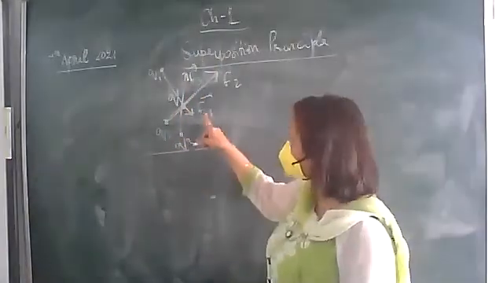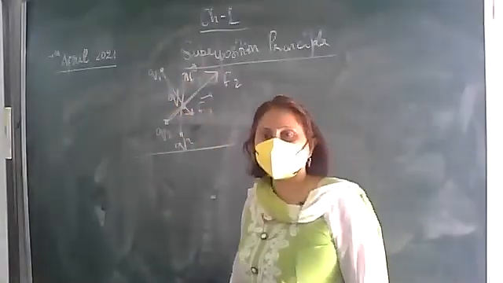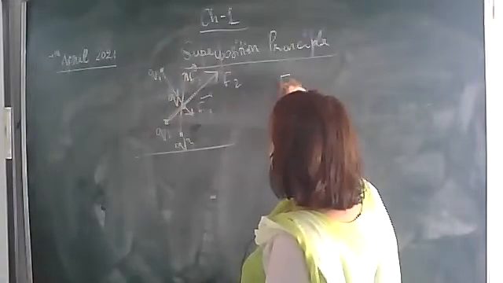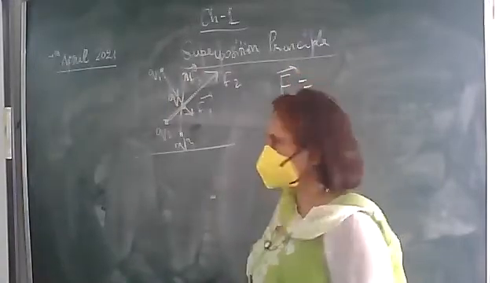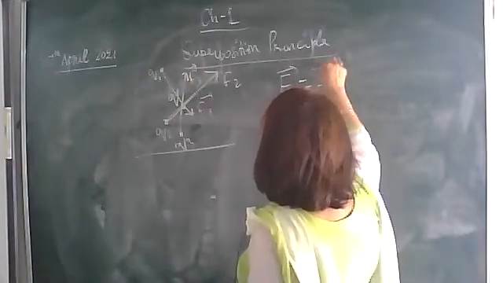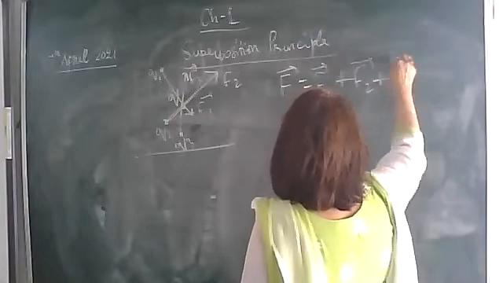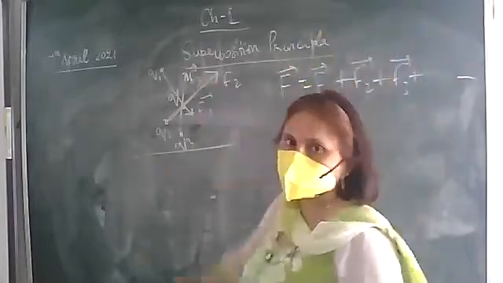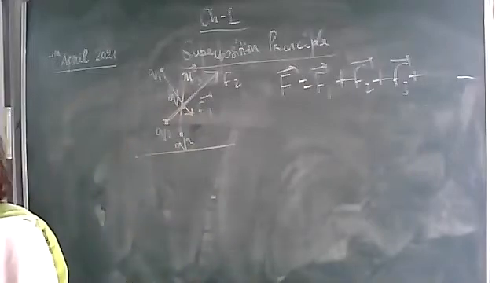It will be the resultant of all these forces, and this principle we call the superposition principle. So the resultant force acting on Q charge is equal to the vector sum of all these forces, F1 plus F2 plus F3. There can be a number of charges. So this principle is called the superposition principle.